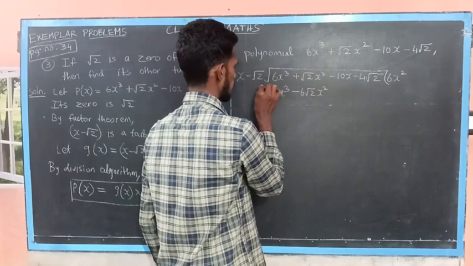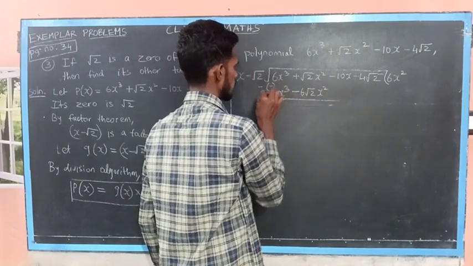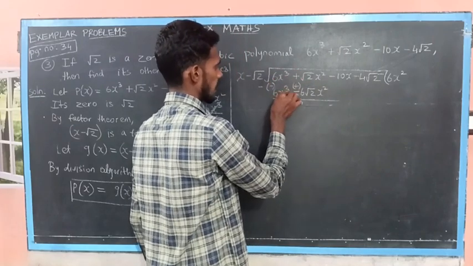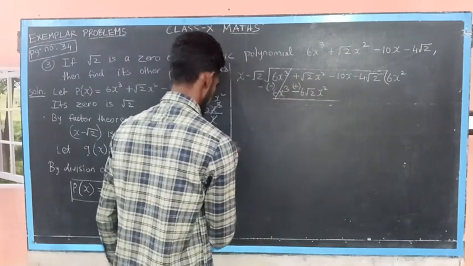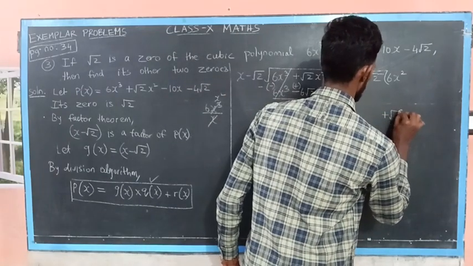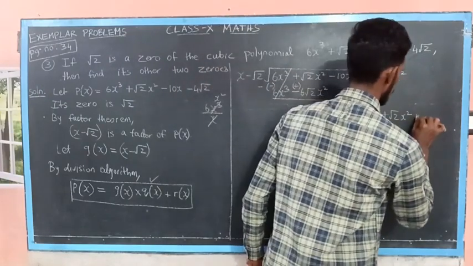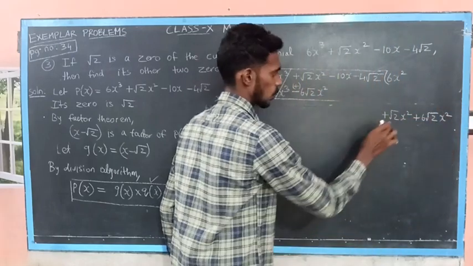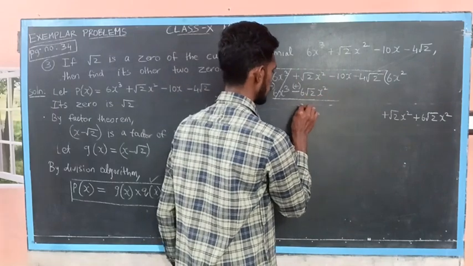Then subtracting these two terms, change the signs: 6x cube minus 6x cube cancels. Then root 2 x square plus 6 root 2 x square becomes 7 root 2 x square.